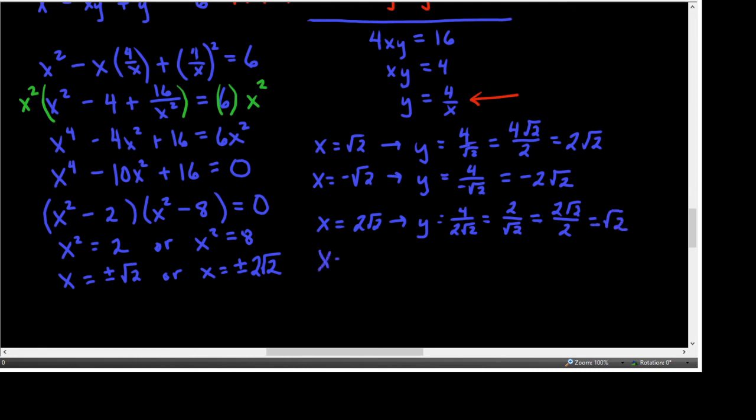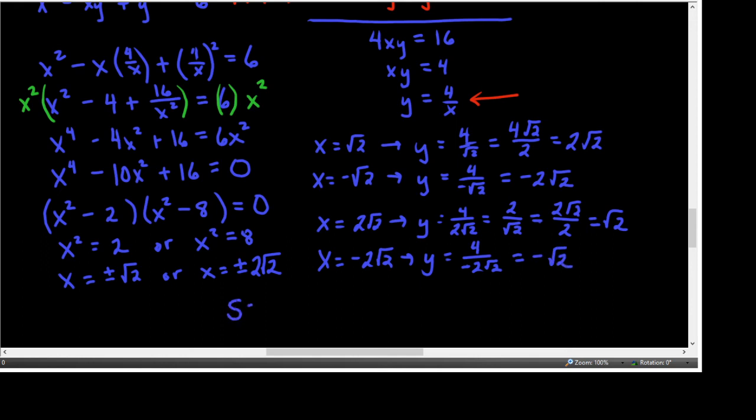When x is negative 2 square roots of 2, y is 4 divided by negative 2 square roots of 2, which ends up simplifying to be negative square root of 2.